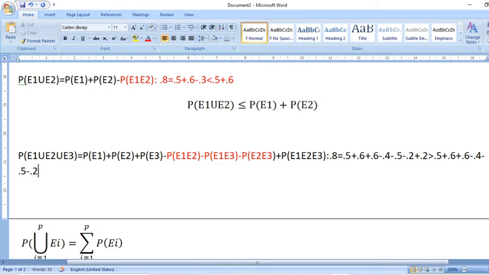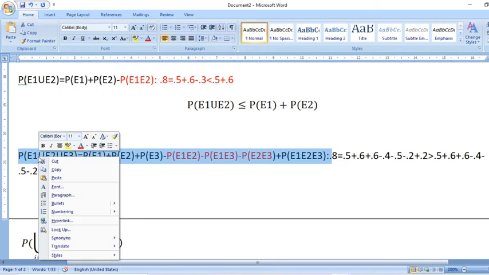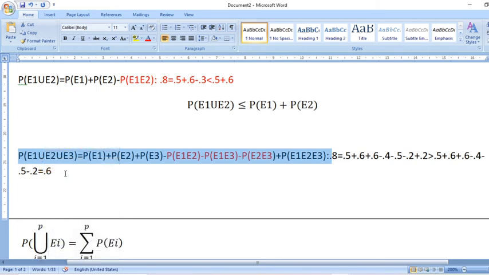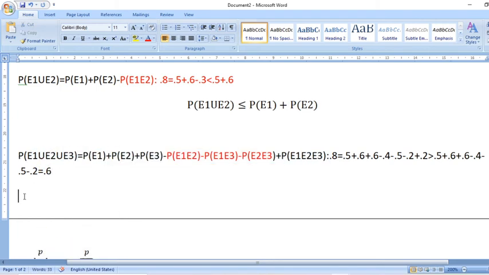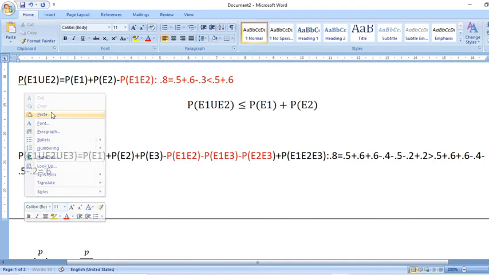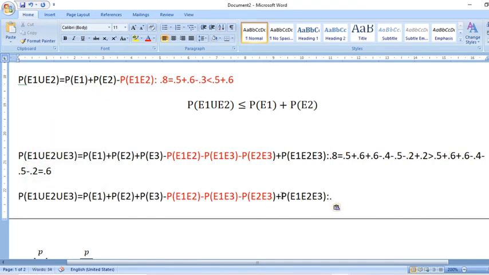Okay, so that is actually 0.6. So it is greater than 0.6. So we can apply similar argument here, so if you remove this term, so in this case we have removed this one.